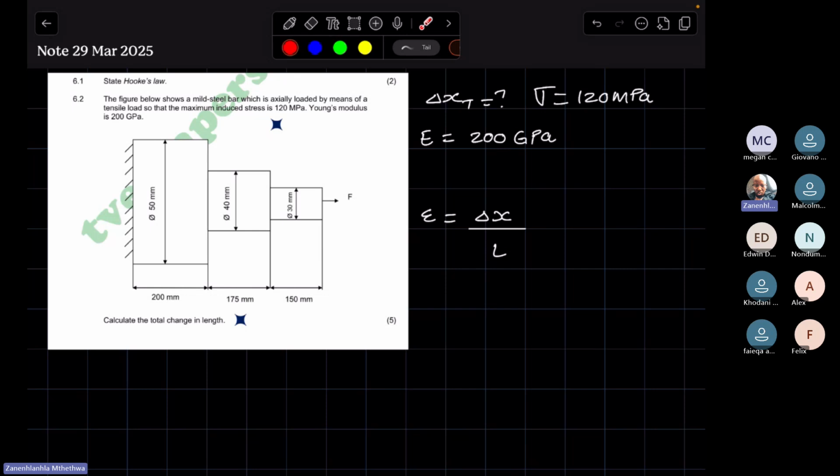You have the original length of the parts of the composite object. So this part is 200 millimeters, this one is 175, and this one is 150.